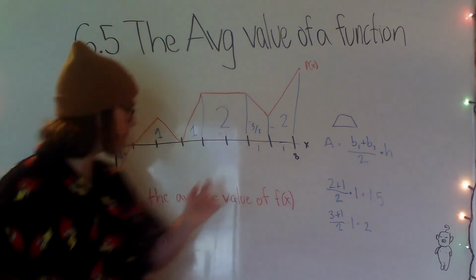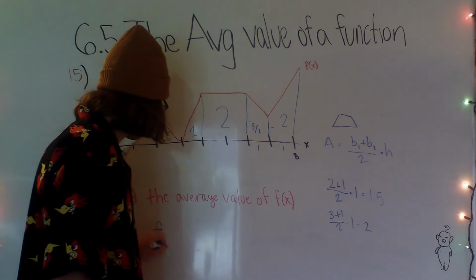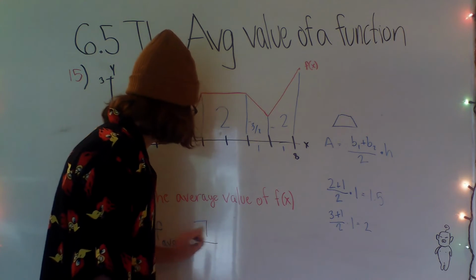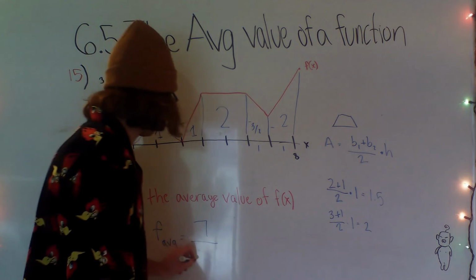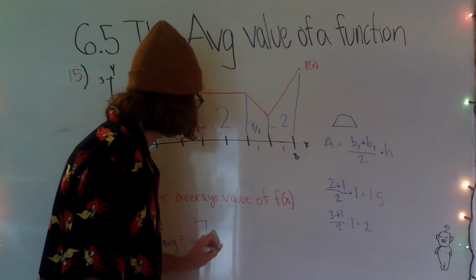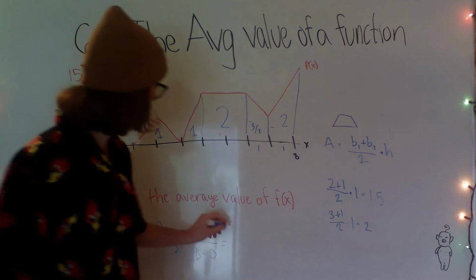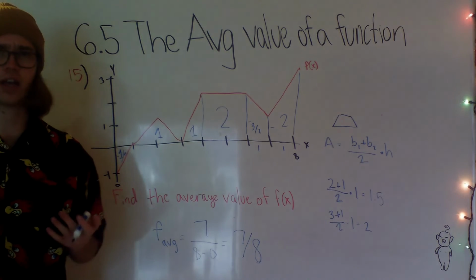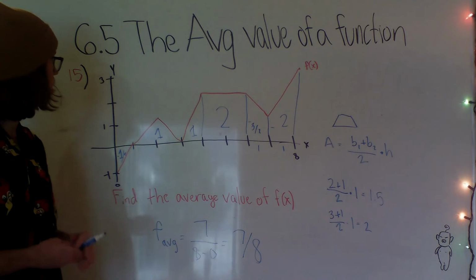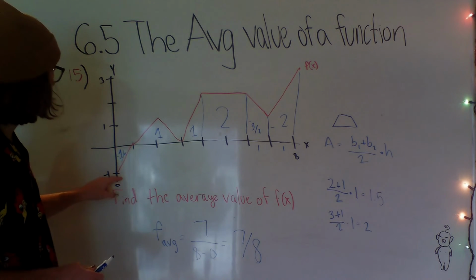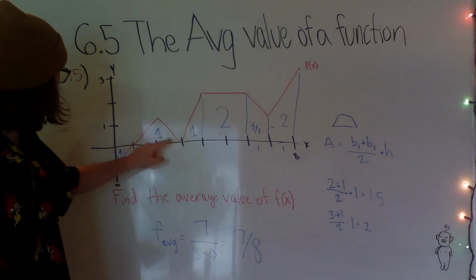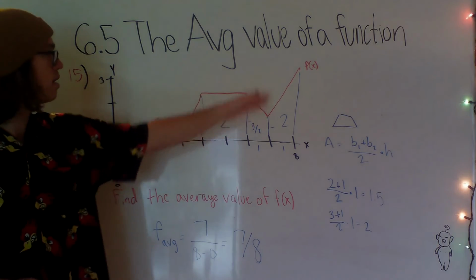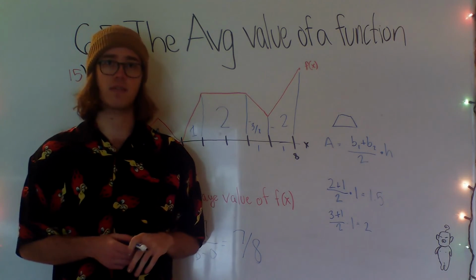So then we can say F average is equal to all the areas, 7, divided by 8 minus 0, because that is the distance of our interval, which is equal to 7/8. And then if we kind of look at our function, that should make sense, right? Because our function does go below the x-axis, but it stays a lot around 1, but maybe doesn't always equal 1. So it makes sense that we get an average value of 7/8.